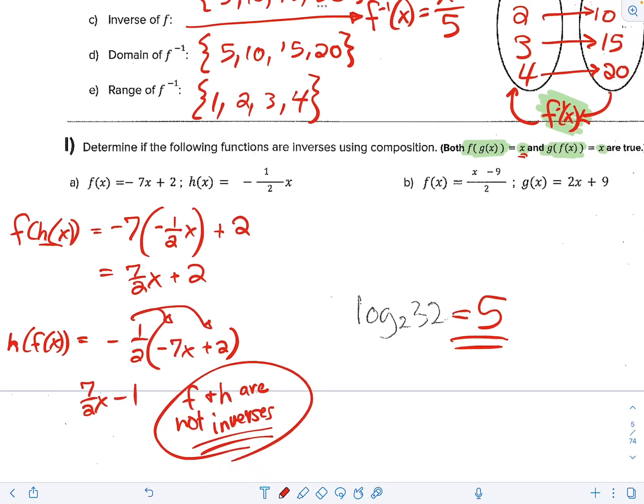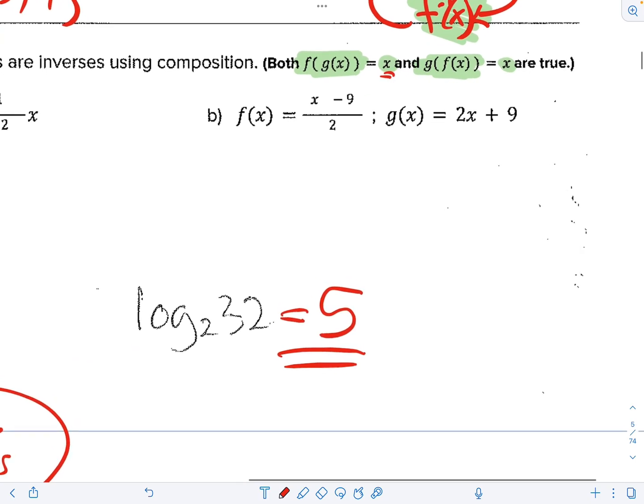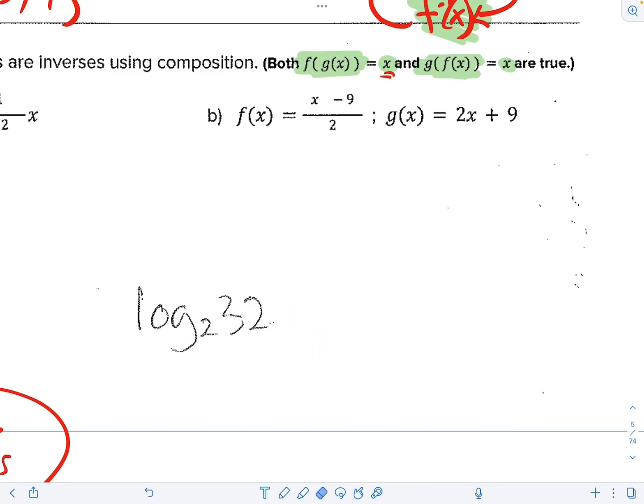Let's try a second one here. F of x is x minus 9 over 2, and g of x is 2x plus 9. Look ahead here: if one function takes away 9, then divides by 2, the other function in reverse doubles it and adds 9, those are going to be inverse functions.